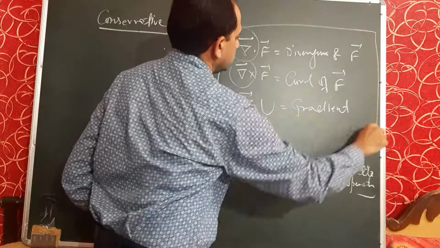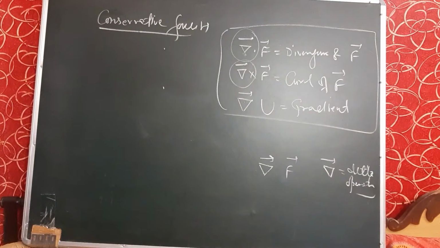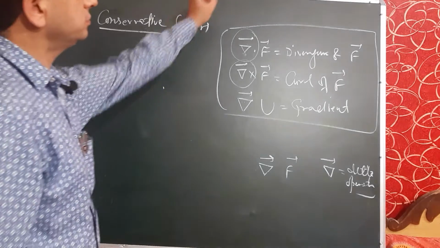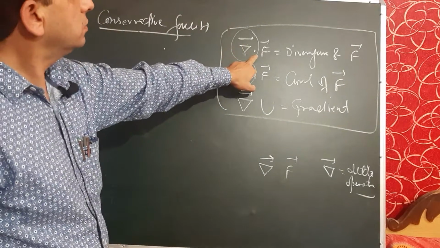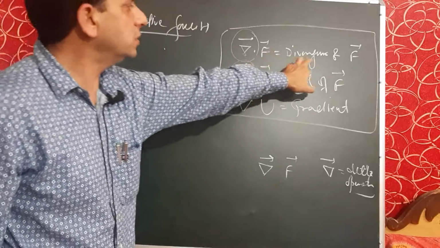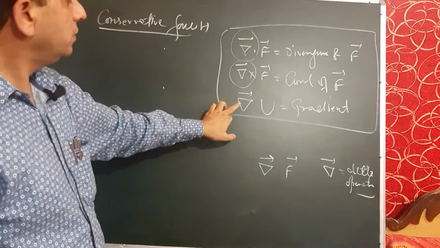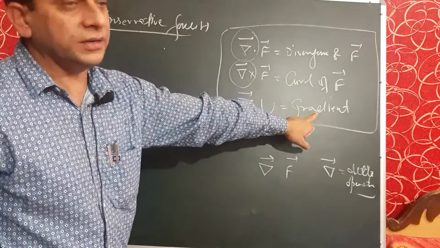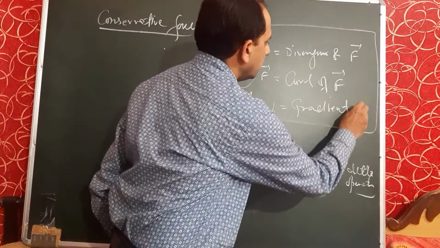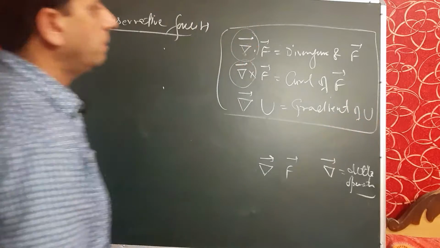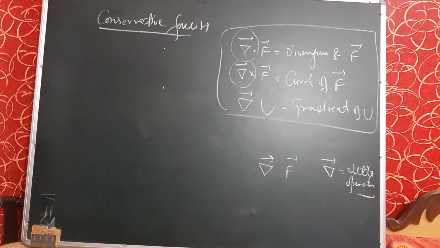So we can say that the derivative of any quantity is of three types. First one, del dot is called divergence, del cross is called curl, and del only of u is called gradient. So it is called the gradient of u. So there are three types of derivatives.